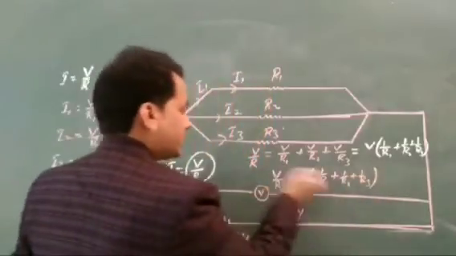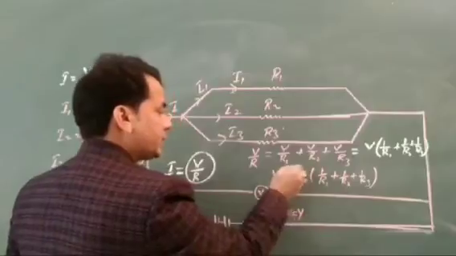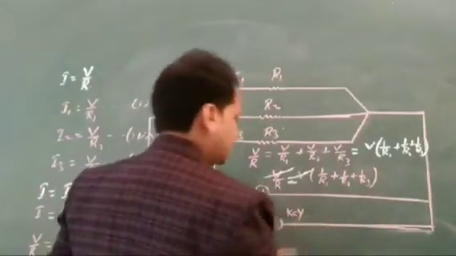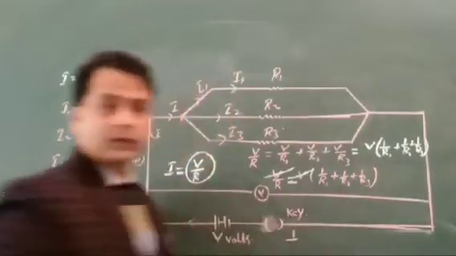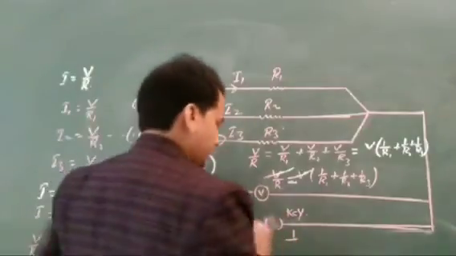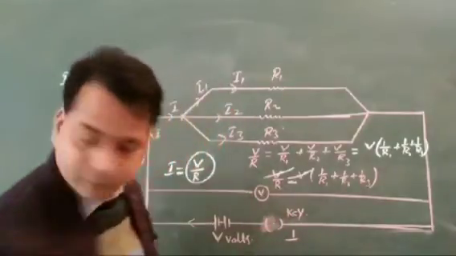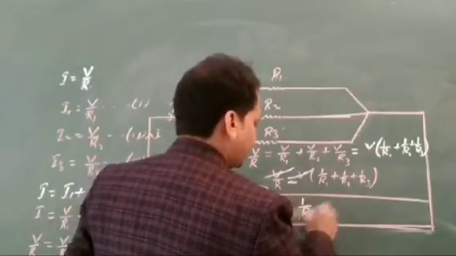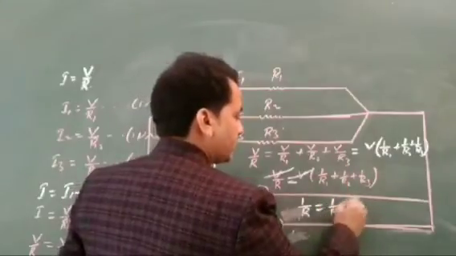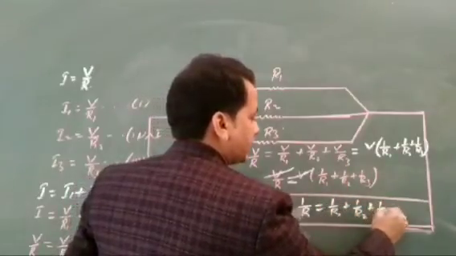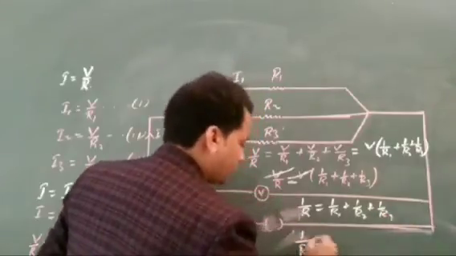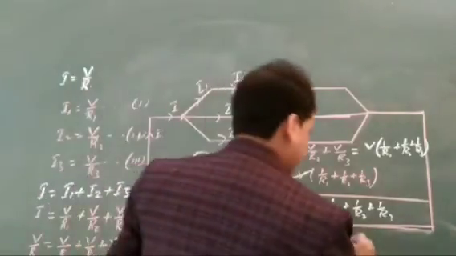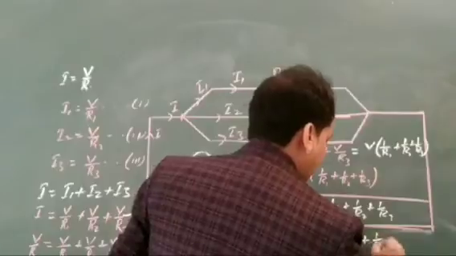The potential difference V on both sides cancels. So 1 by R equal to 1 by R1 plus 1 by R2 plus 1 by R3.